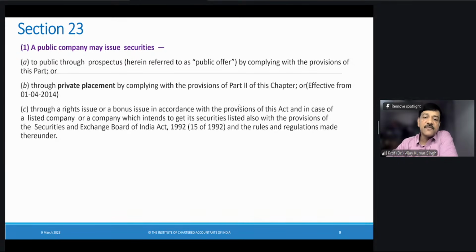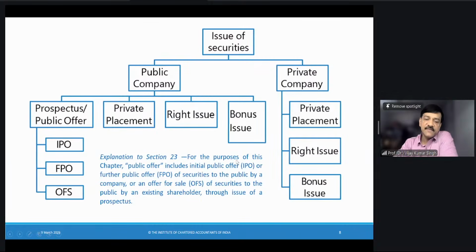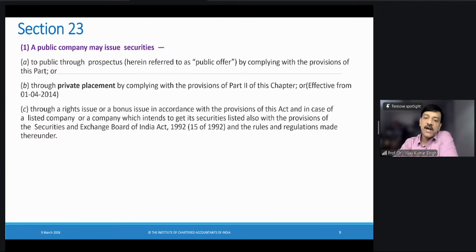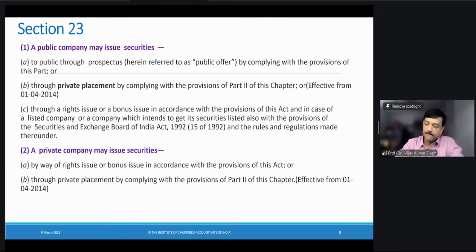And in case of listed companies, if the companies are listed, then in that situation, you have to comply with the rules relating to SEBI, that is Securities Exchange Board of India. So the companies which are listed on a stock exchange have to mandatorily comply with the rules given by SEBI.